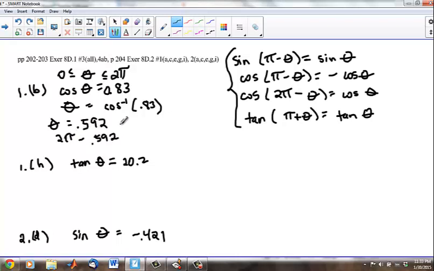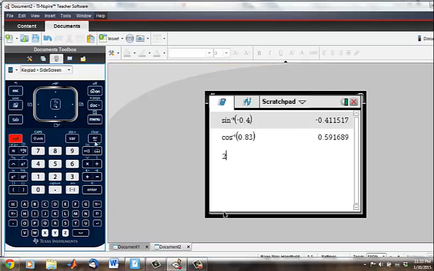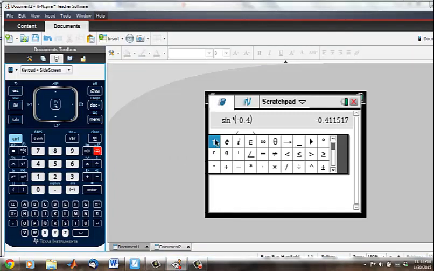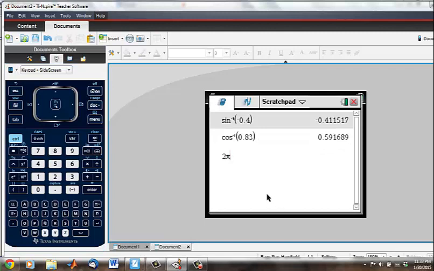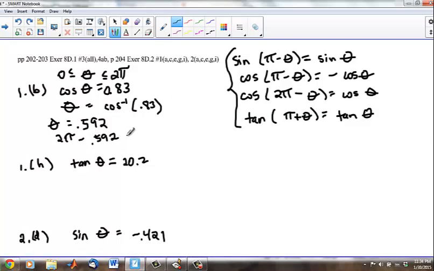0.592. If we plug that into the calculator, 2 pi minus 0.592, and we want it to be between 0 and about 6.28, and it is 5.69, so I can write down 5.69.